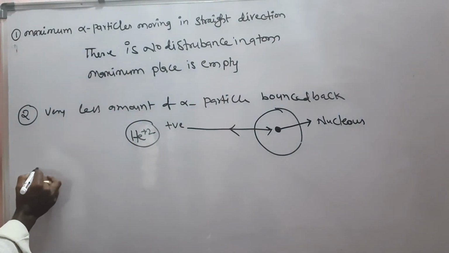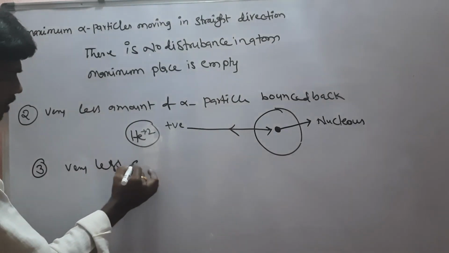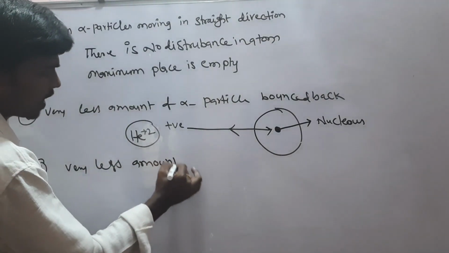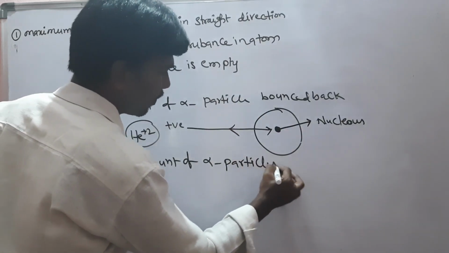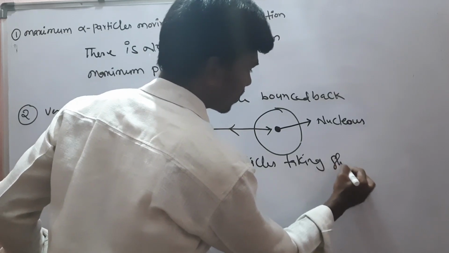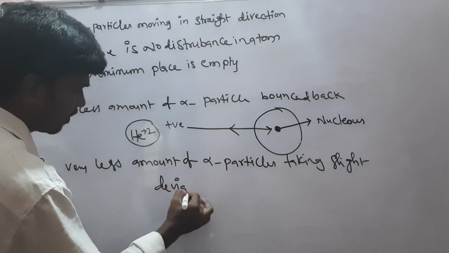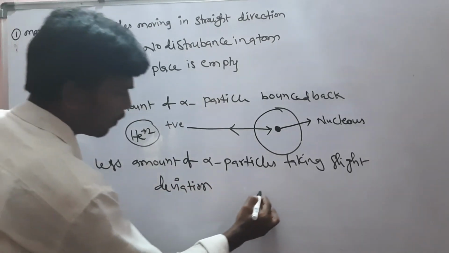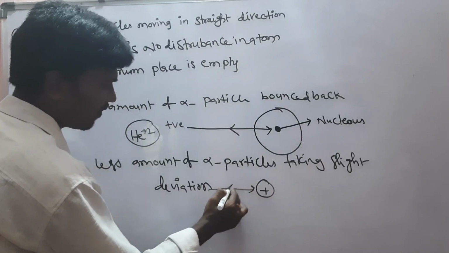Second, then the third observation: a very small amount of alpha particles take a slight deviation. If an alpha particle directly collides with the positive charge, it will be bounced back.